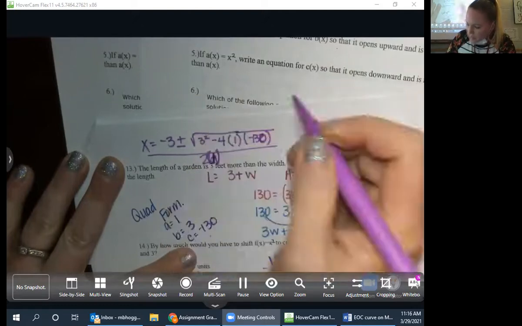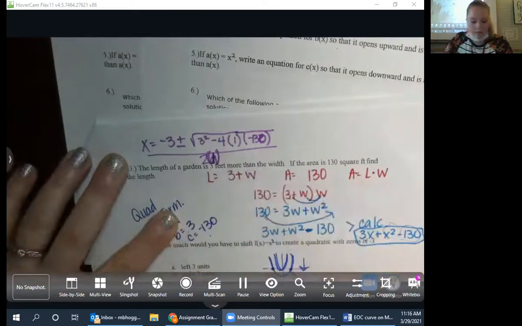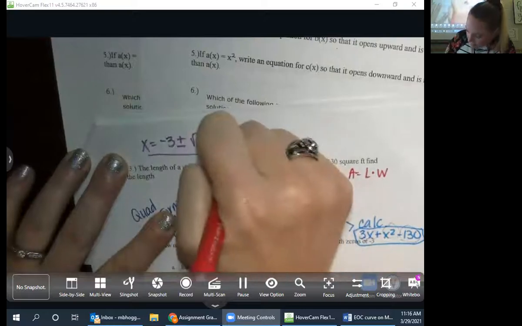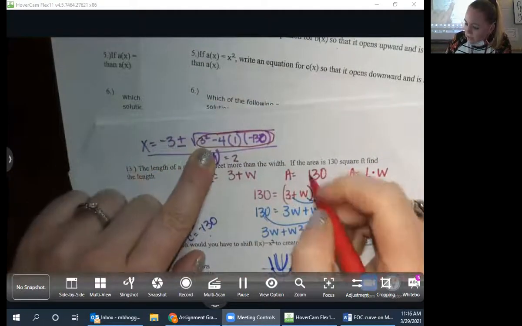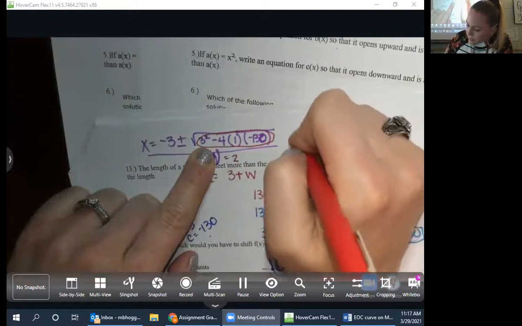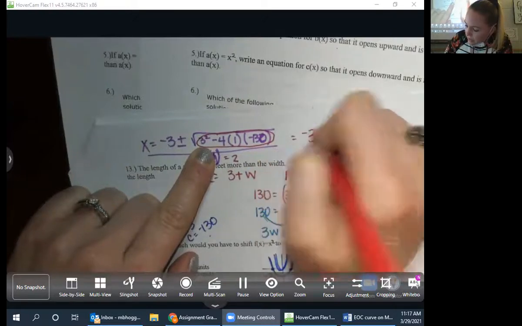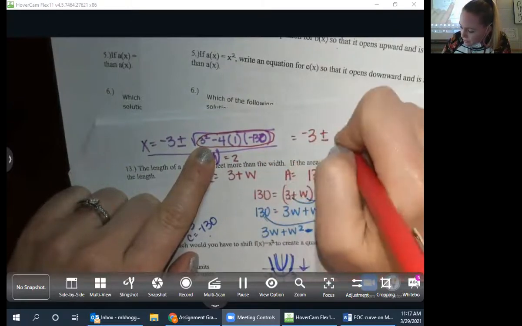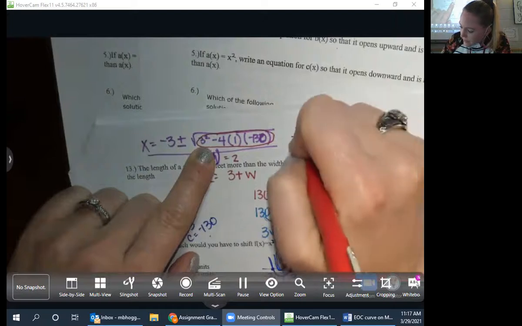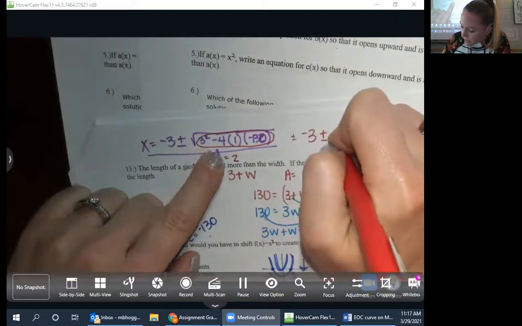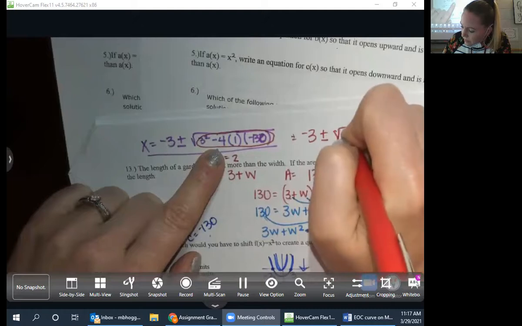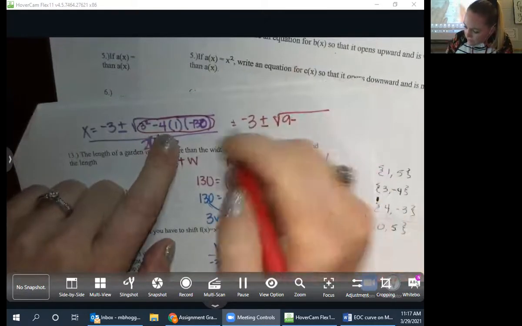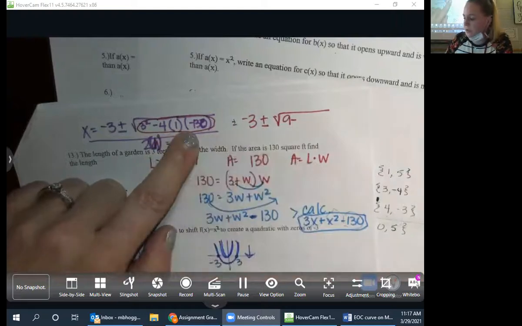All right, so now I'll go ahead and solve that bottom, and then I'll start working out what's under the square root. So negative 3 plus or minus, let's work out this part underneath. 3 squared is 9 minus, and then 4 times 1 times negative 130.